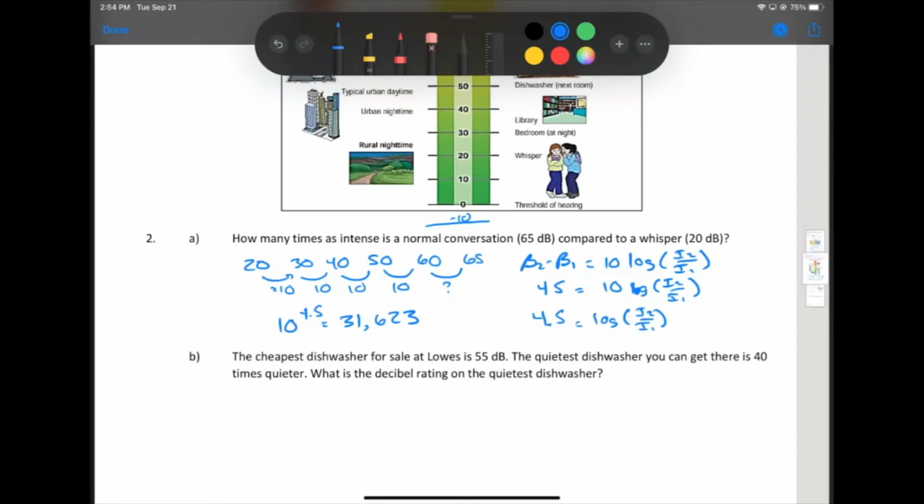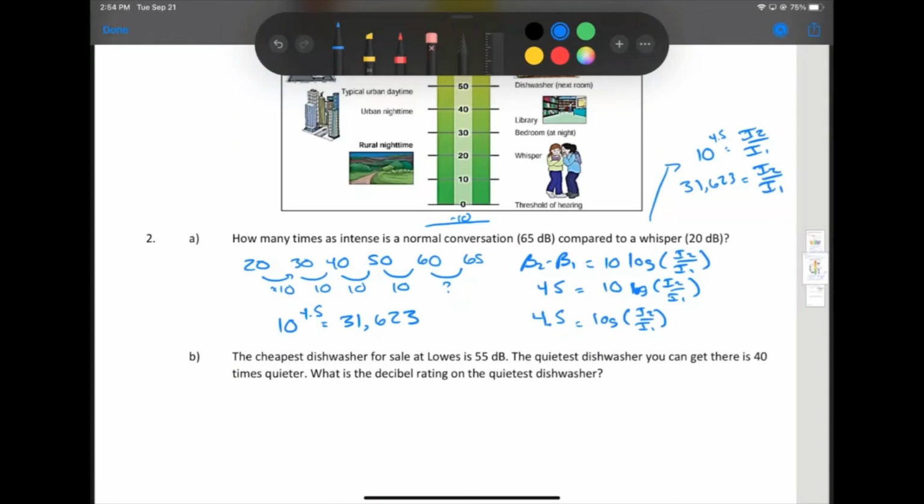And then I can rearrange that by putting it into exponential form. And I realize I'm running out of room, so I'm just going to kind of write it up here. If I put that in exponential form, it's 10 to the exponent 4.5 equals I2 over I1, which is 31,623. And I'm not solving for I2 or I1.